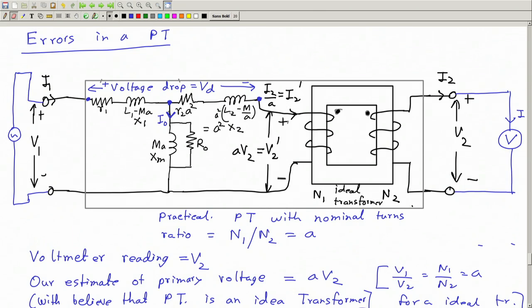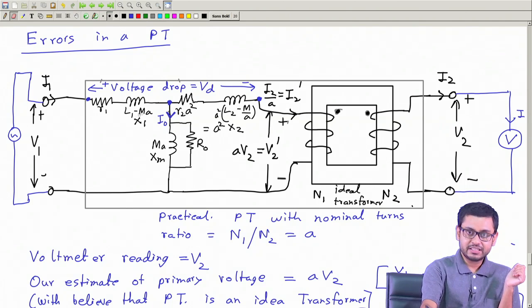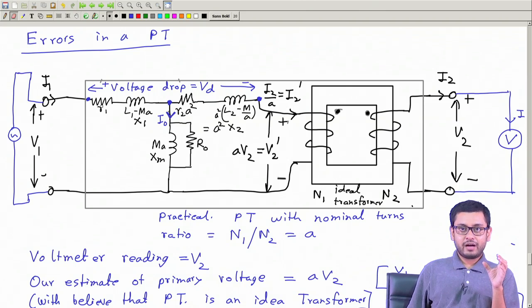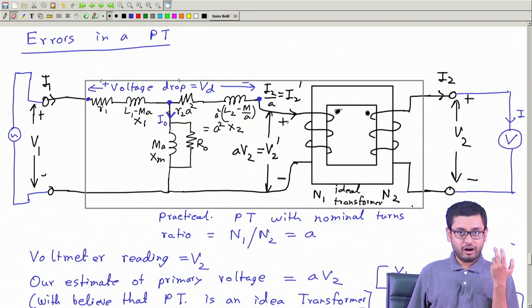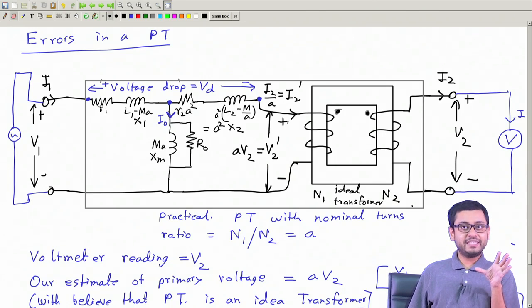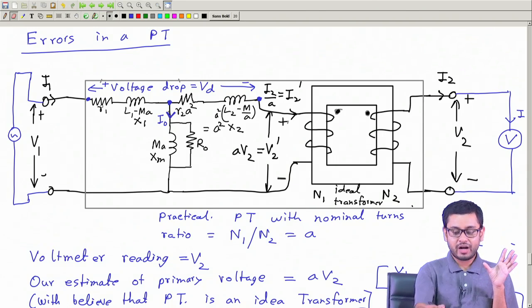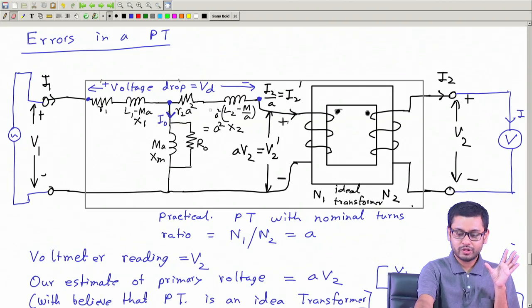For a PT, it should be designed in a way so that these impedances are small. So we have to use very high conductive, low resistive coil. We have to minimize leakage reactance, leakage inductance by proper design. So a PT should be designed to have R1, X1, R2, X2 very small.